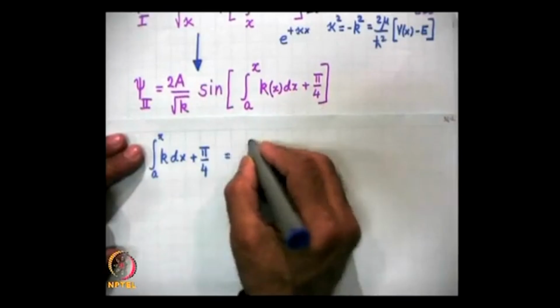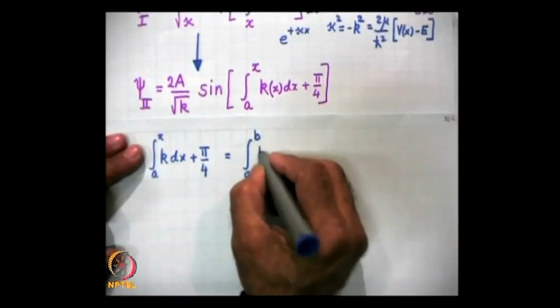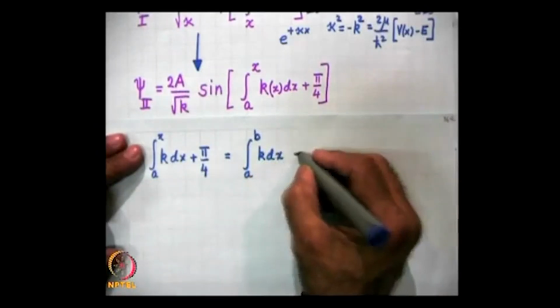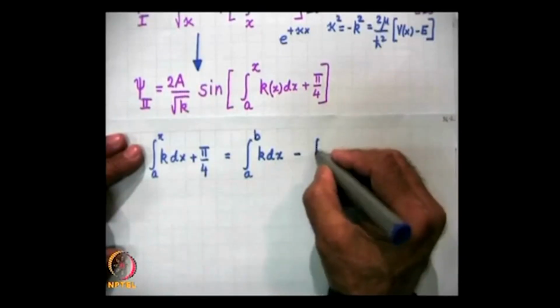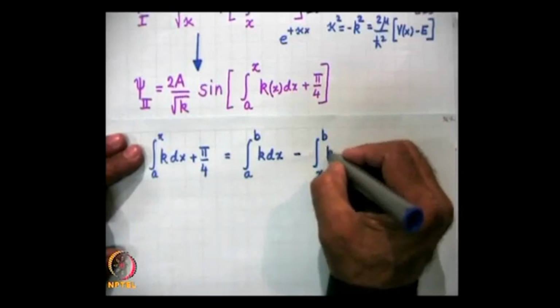This is the phase term. This I write as integral a to b k dx minus integral x to b k dx.